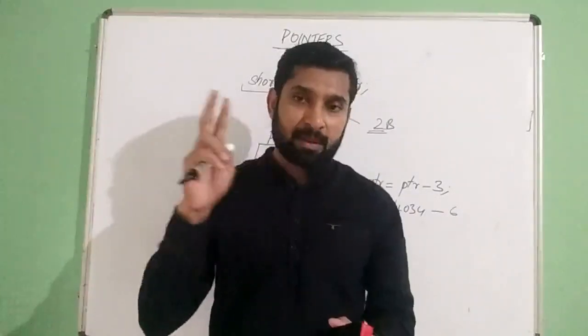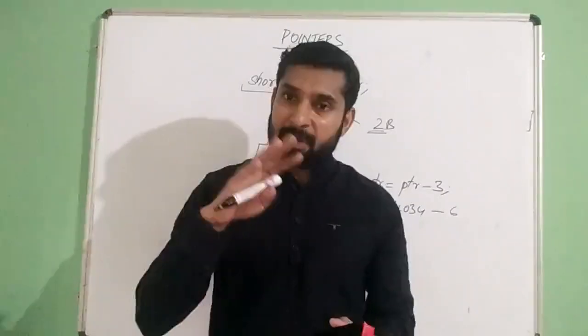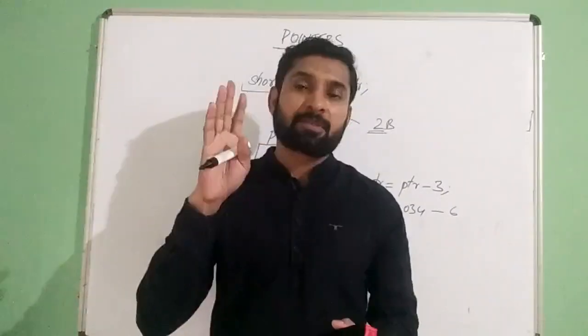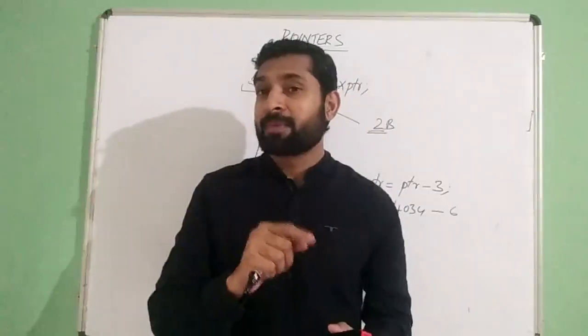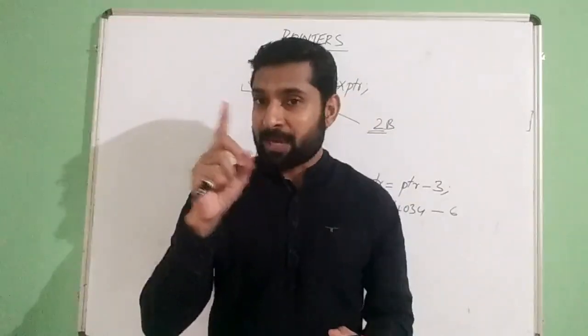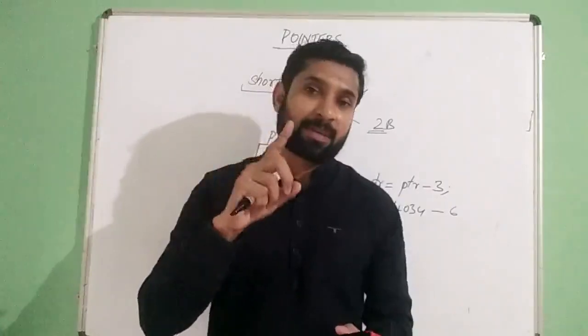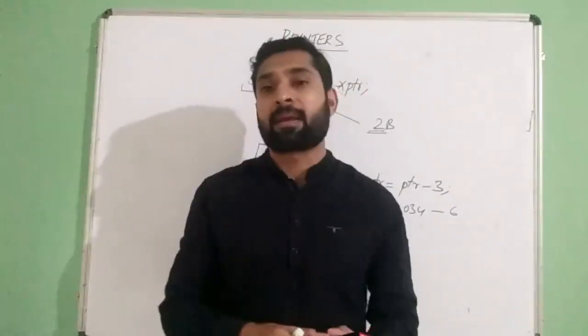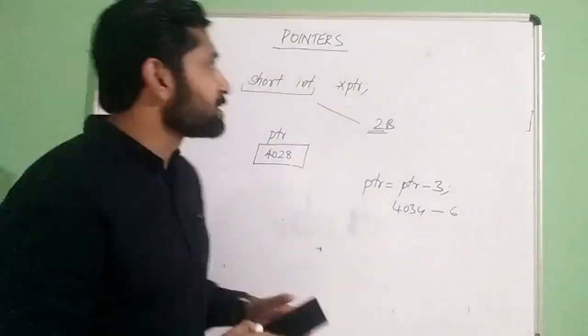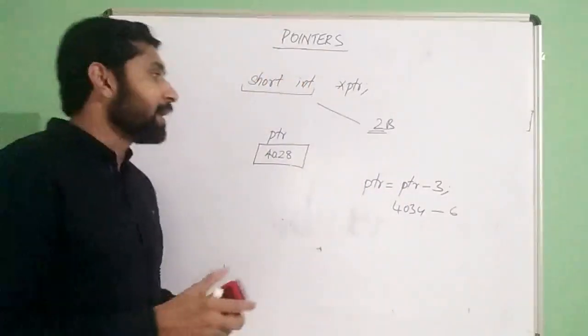If it is an integer, it deducts 4. If it is a double, it deducts 8. If it is a character pointer, if you subtract 1, it will subtract only 1 because the size of the character data type is 1. So this is pointer arithmetic.